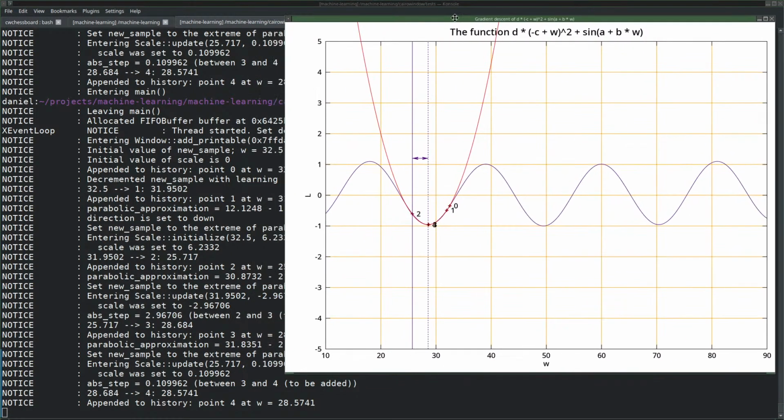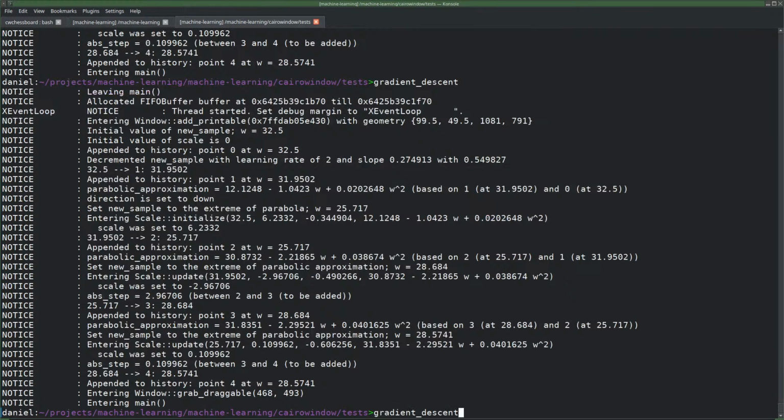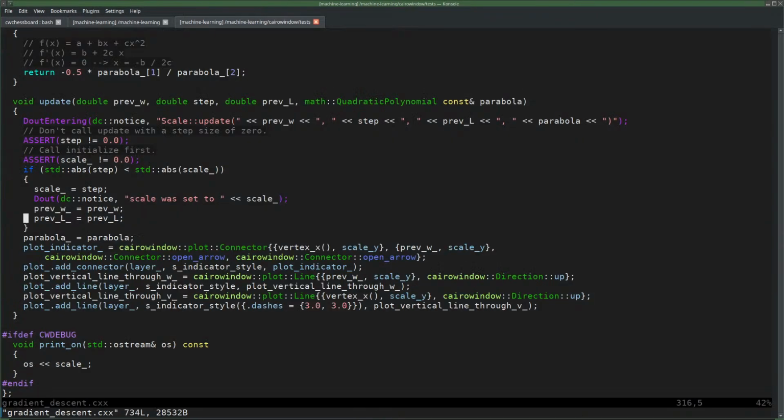Well, maybe I just fixed it or something. So switching means that I adjust my scale because the new previous W value is better.